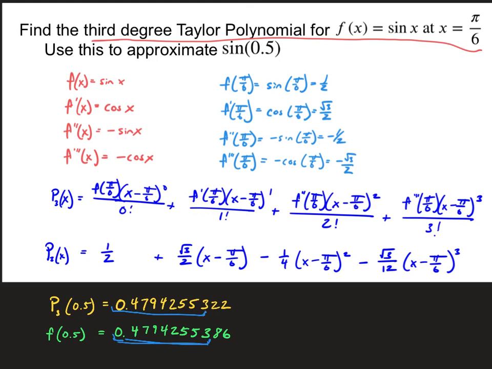That is amazing that we can use a polynomial to guess at the value of the sine of 1/2 without actually having to look at the actual sine of 1/2. That's what makes Taylor polynomials and Maclaurin polynomials so cool. We can use them to estimate values for these elementary type functions that are not polynomials.